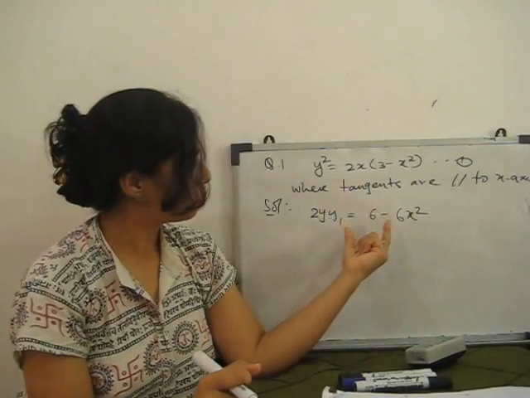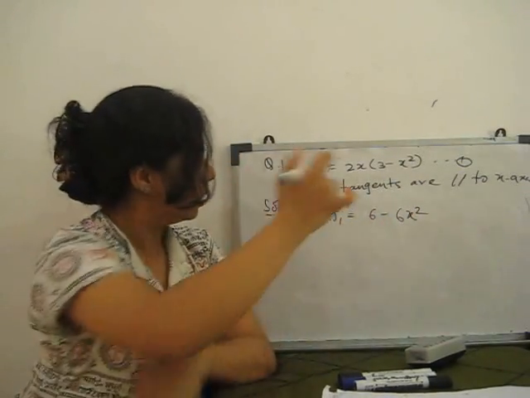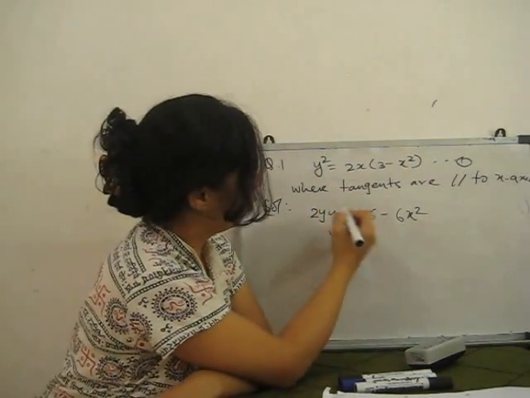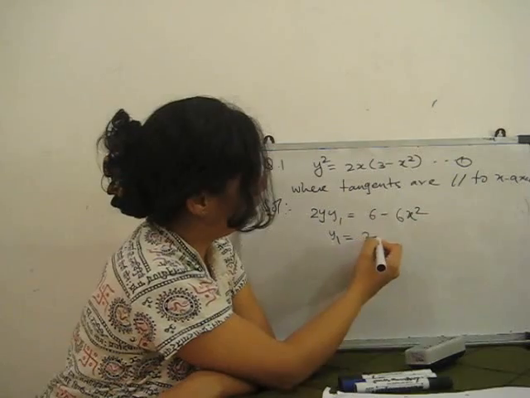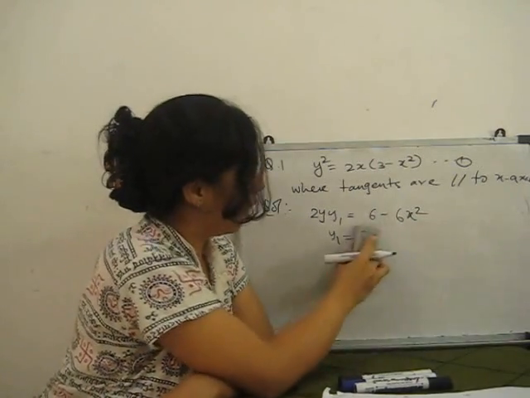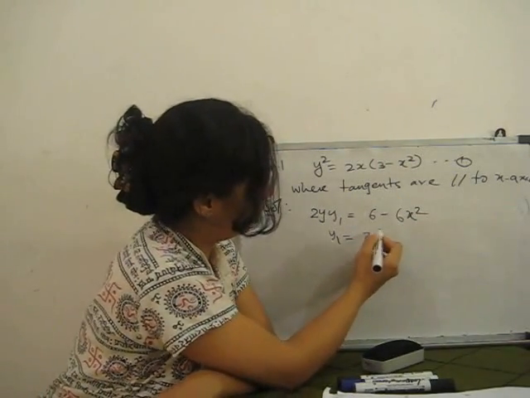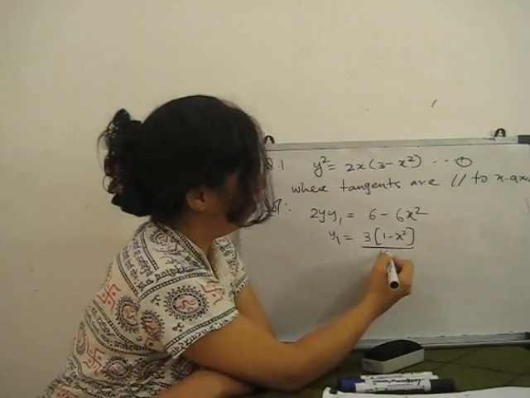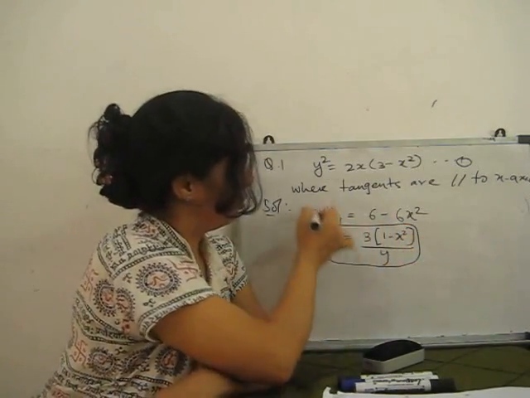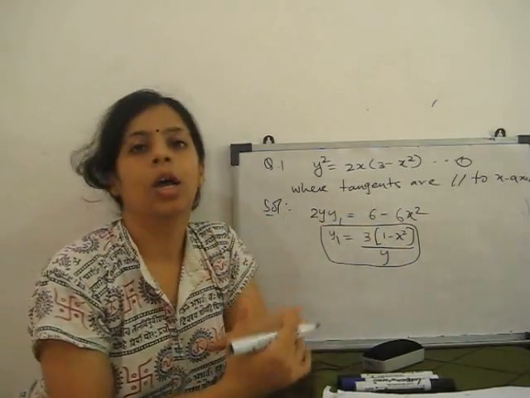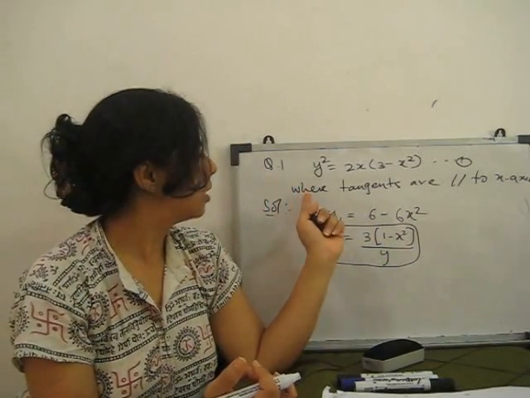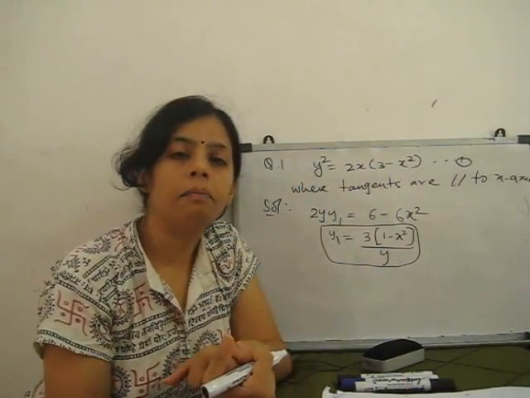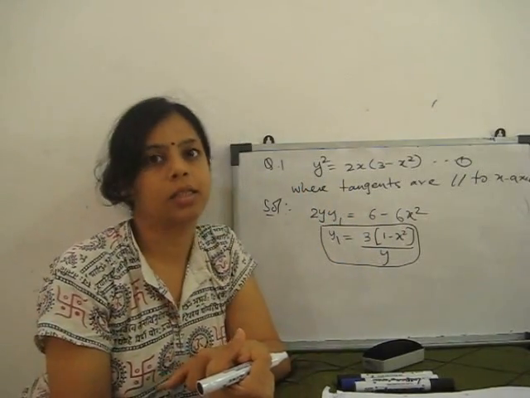So our 2y1 is this. If we simplify, y1 is equal to 2 cancels out, 3 taking outside, so 3(1 minus x square) upon y. y1 is this. Clear?